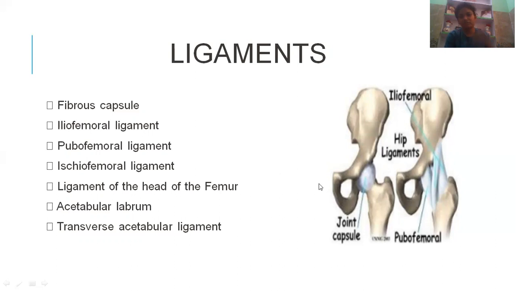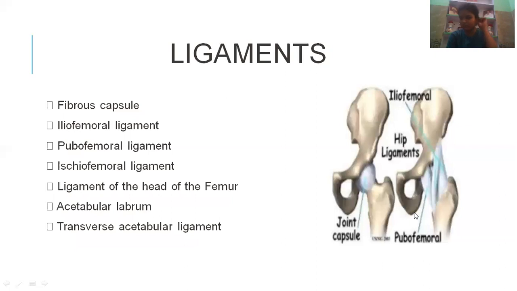There is the iliofemoral ligament, which attaches the ilium to the femur. There is the pubofemoral ligament, which attaches the pubis to the femur. The ischiofemoral ligament attaches the ischial spine to the femur. Ligament of the head of the femur.